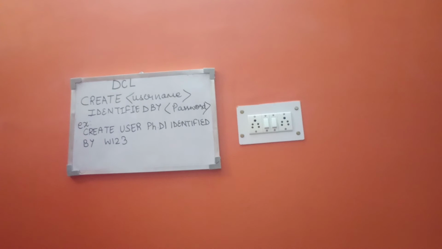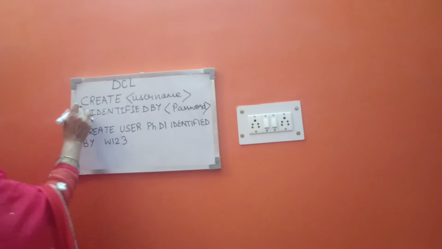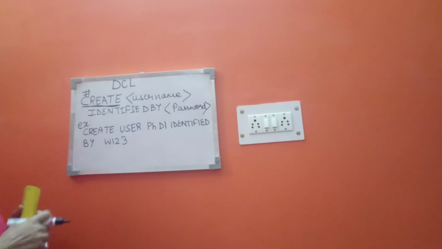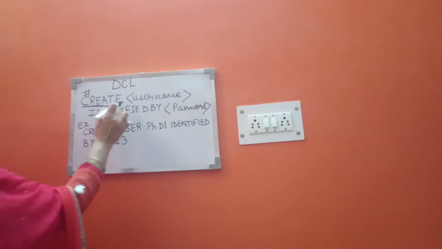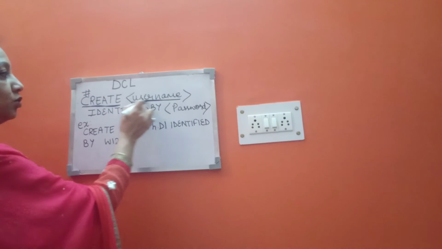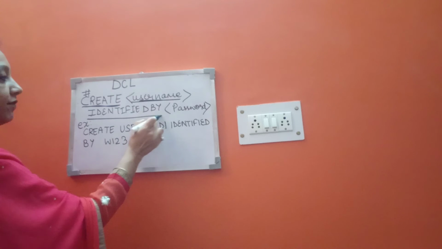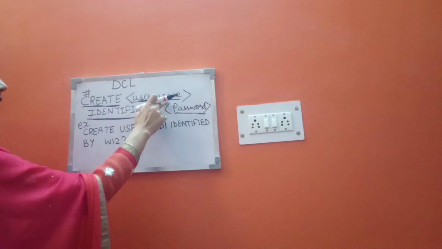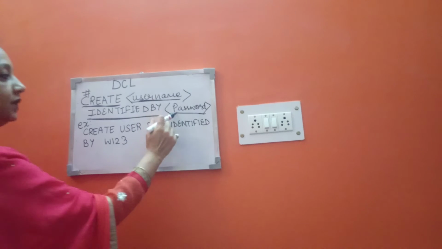How is that provided? Create. Create is the keyword to create a username and password for the user. Here he will provide the username, which is identified by this particular password.